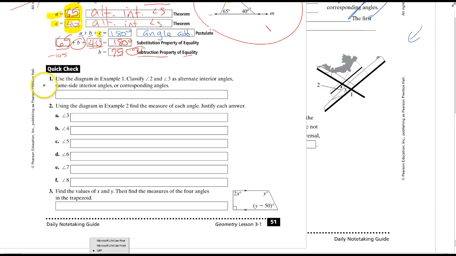Now, this asks us to use the diagram in example 1, which is right here. Classify angle 2 with angle 3. And what are they? Alternate interior, same side interior, or corresponding?